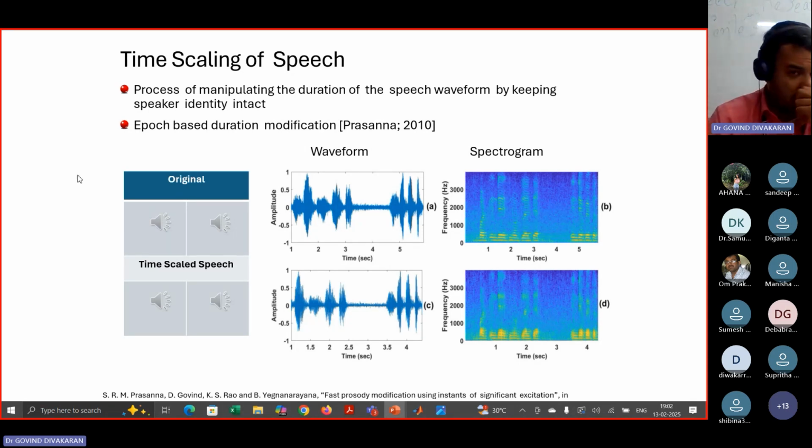If you want to know more about time scaling of speech, you can refer to the paper given at the bottom. It is our own paper, published in 2010 in the Speech Prosody conference. Those who are interested can find more details in this particular paper.